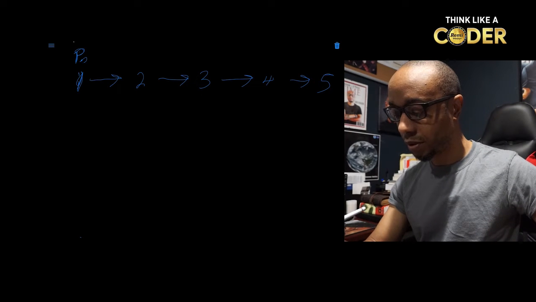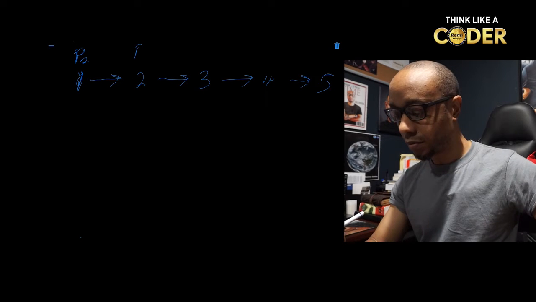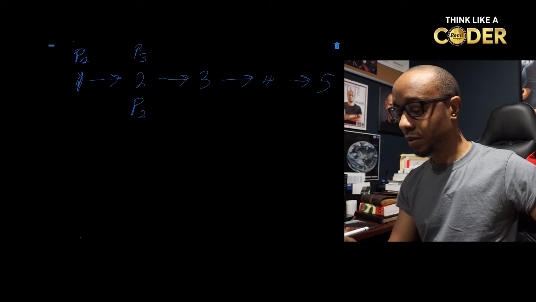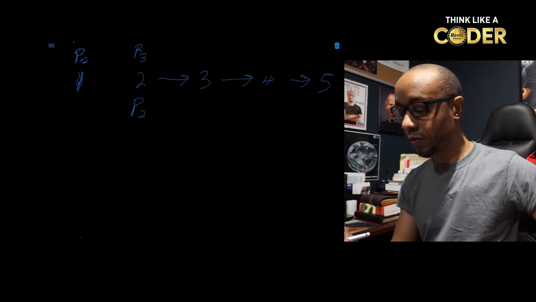Let's call this pointer number 2. And then what we'll also require is to have another pointer number 3. So at every point in time, as we iterate through this linked list, we want to know what was the next node in the linked list. So conceptually, we will move this P2 and we'll move this here.